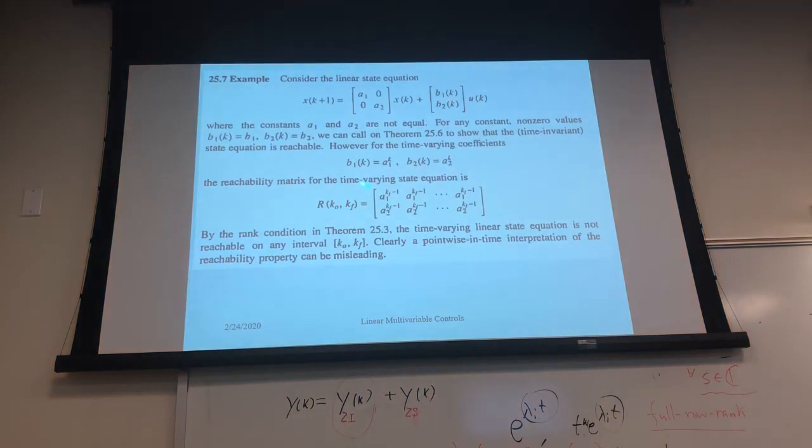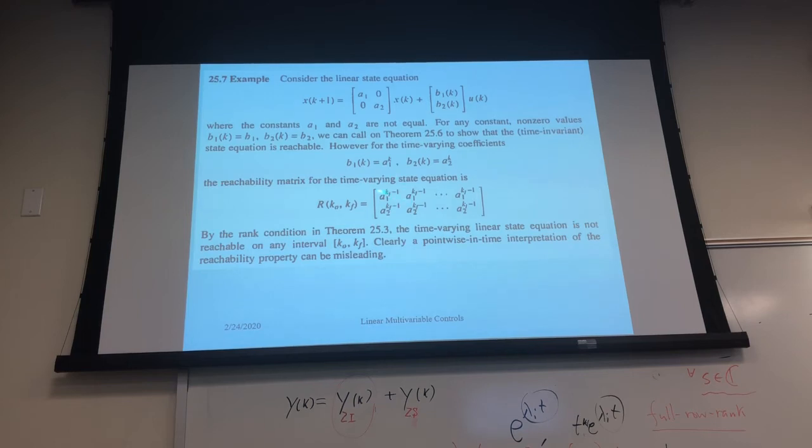Then this is the controllability matrix. It will give us B, then A times B. I think this is B, right? So then we have this connection.